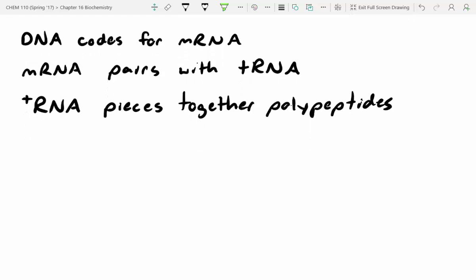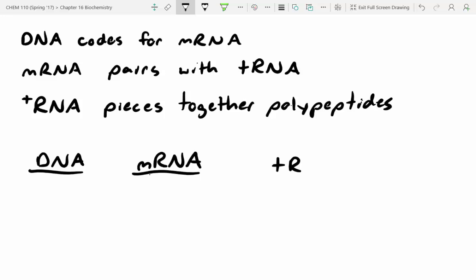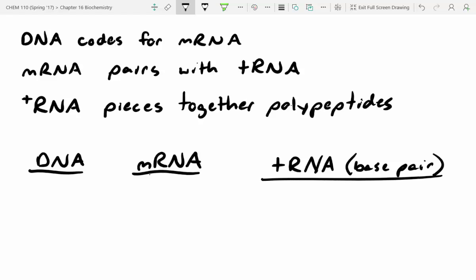All right, so I'm going to make a list here of DNA, actually mRNA, excuse me, and then the tRNA, and then I'm going to put base pair. And this all requires things to stick together in the right order.